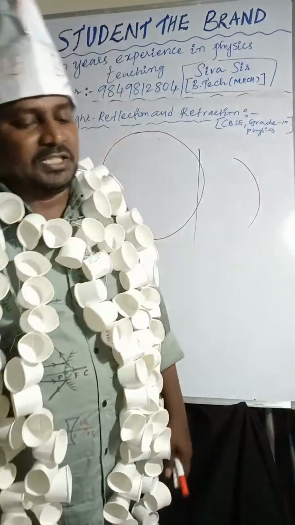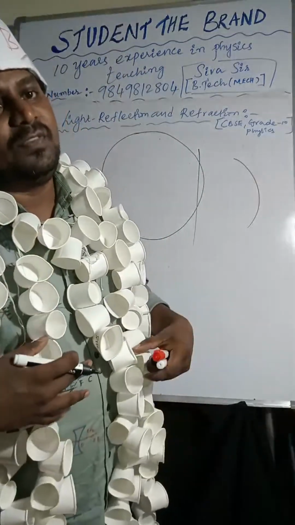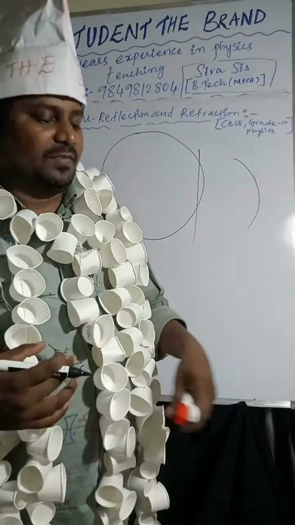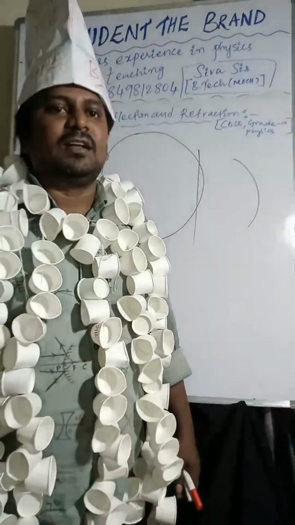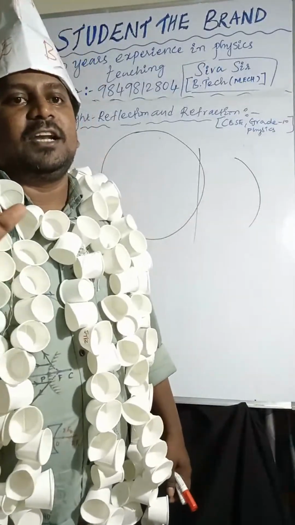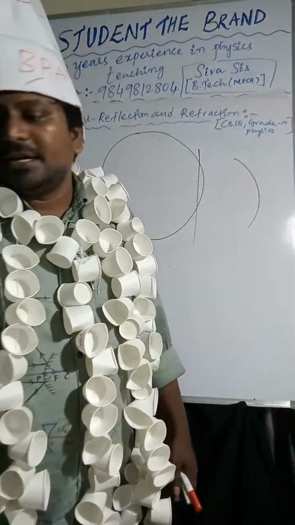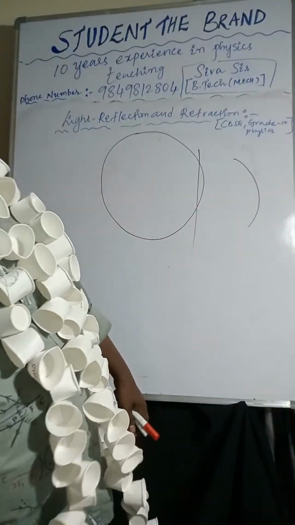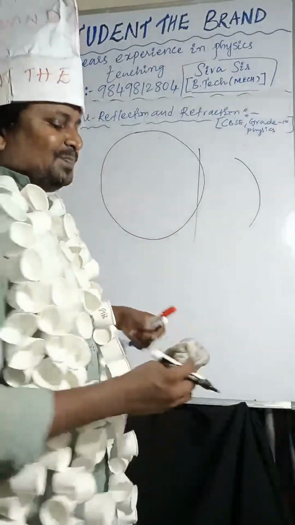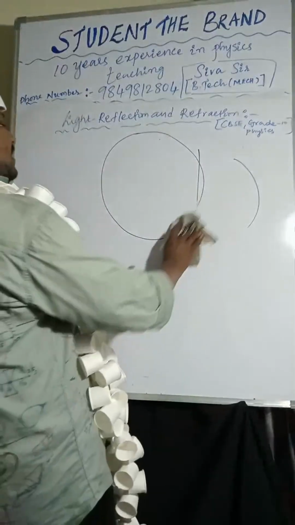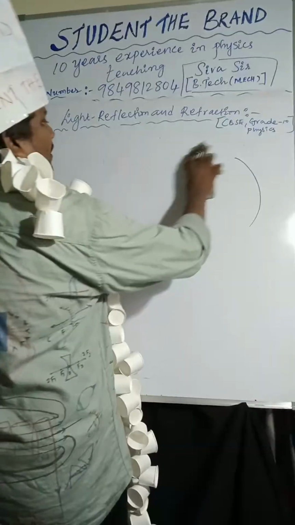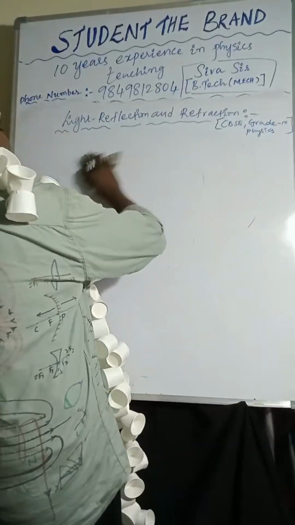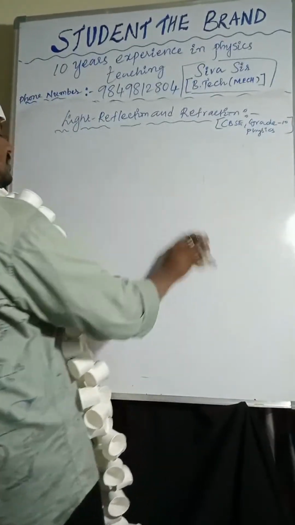Depending on the reflection of light, mirrors are divided into two types: one is concave mirror and the other is convex mirror.